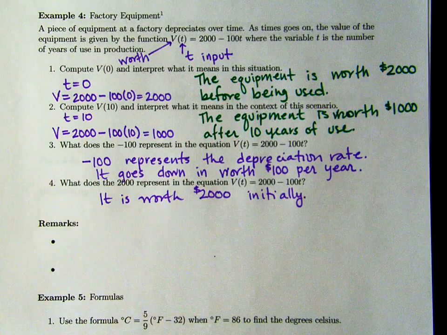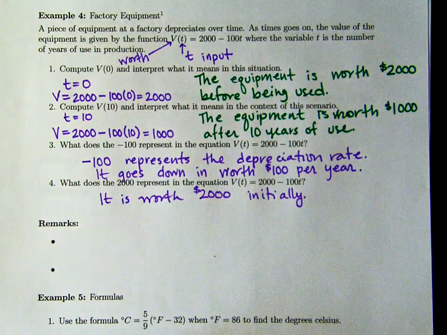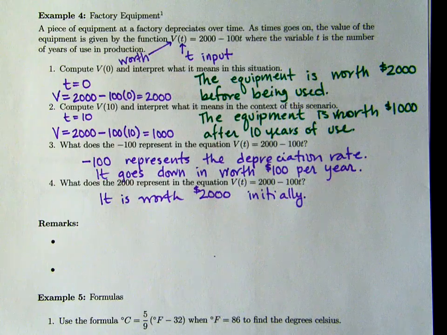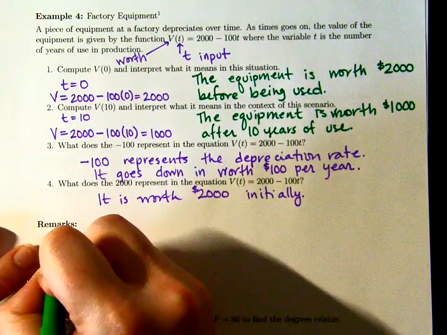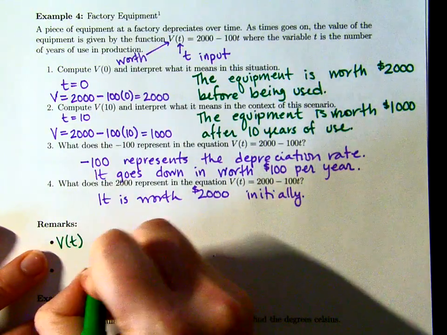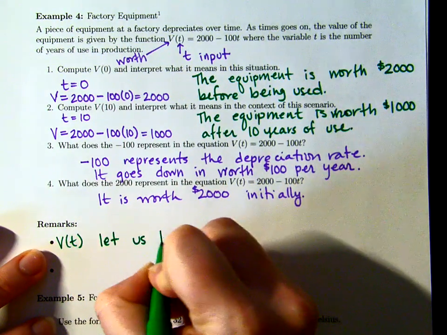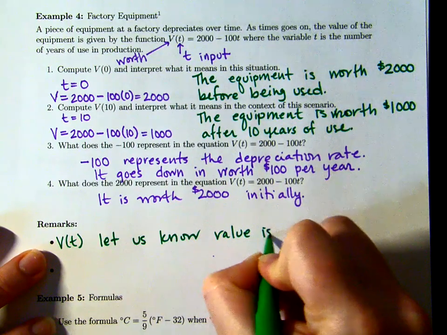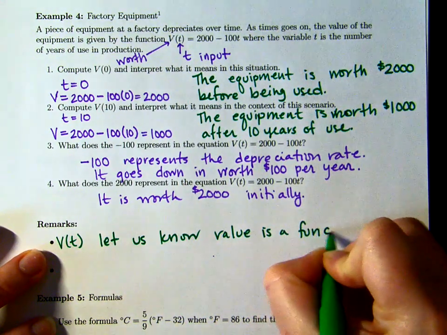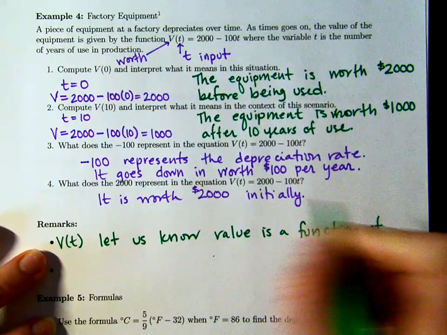Couple of quick remarks, and then we'll do a new video to talk about some formulas, because I feel like this could be viewed as a formula for sure. V of t lets us know value is a function of time.